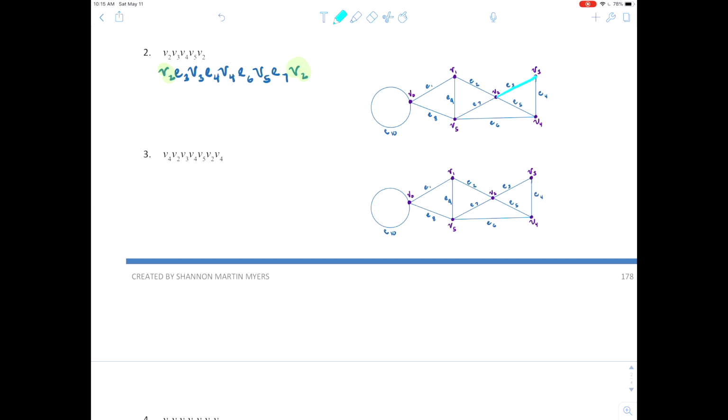And then we went down here to V4 from V3. And then from V4, we went to V5. So actually, I should have drawn it really going this way. You'll learn about directed graphs. And then from V5, we went back to V2. And so notice that we did not repeat an edge. We started and ended at the same endpoint. So what do you think this one might be?